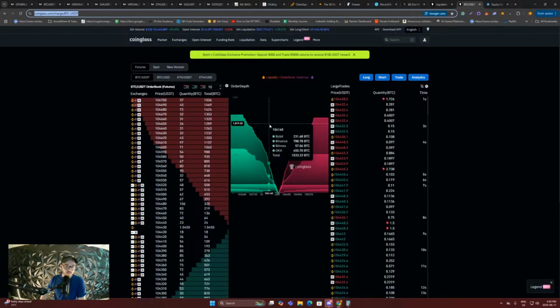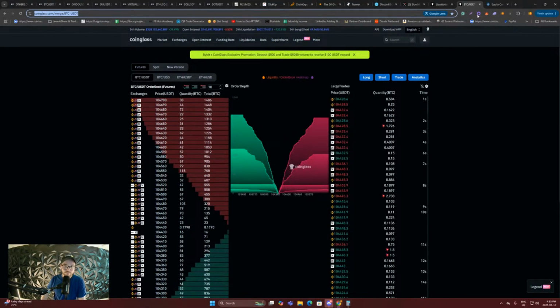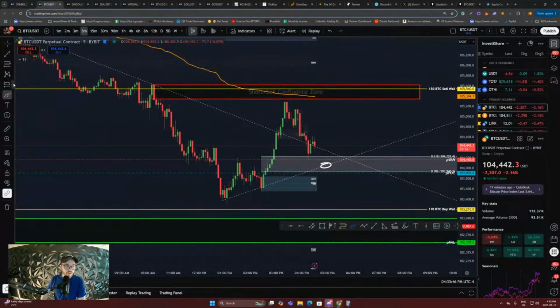So if you don't see any walls, then you shouldn't trust the trend lines in that area. Same reason why we had a hard time trusting this trend line when we came back up to it, because there were no sell walls, right? There wasn't a sell wall until up here. Then we had a tweezer reaction from market orders.